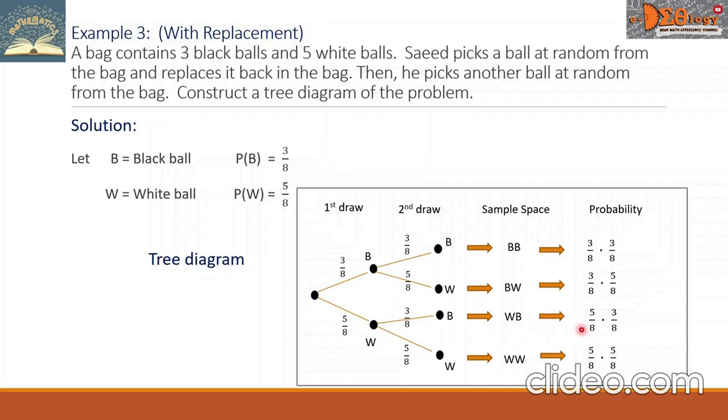WB, 5 over 8 times 3 over 8. WW, 5 over 8 times 5 over 8. Then we write the corresponding product. This is 9 over 64, 15 over 64, 15 over 64, 25 over 64, respectively. This is our tree diagram.